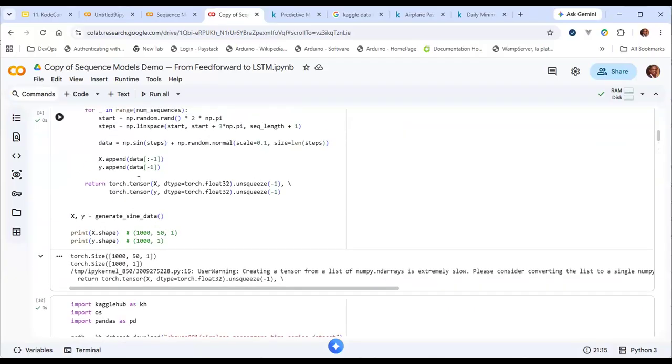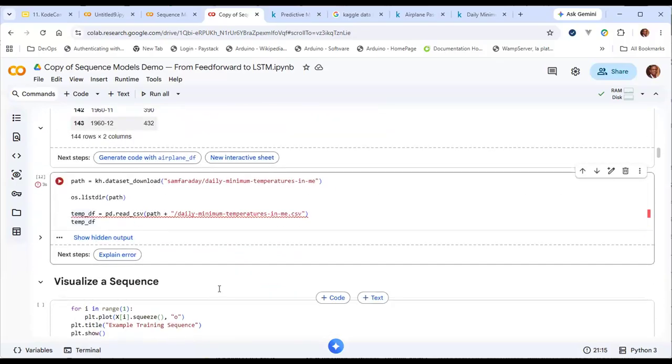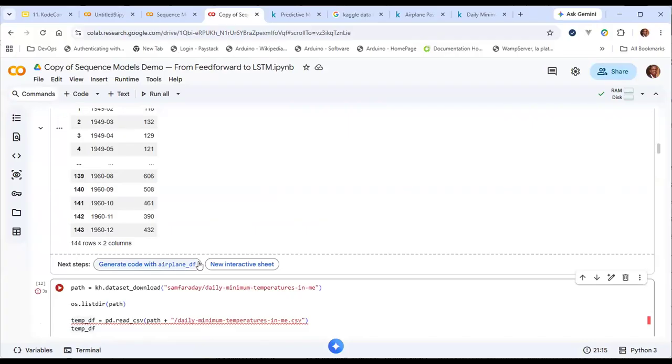So the Y should always be the value at the end. If we have a sequence length of 50 and we want a fixed length, while we have 143, simple math tells you the length is actually 51. So the number of windows, or data sets, you can get will be 143 minus 51 plus 1.